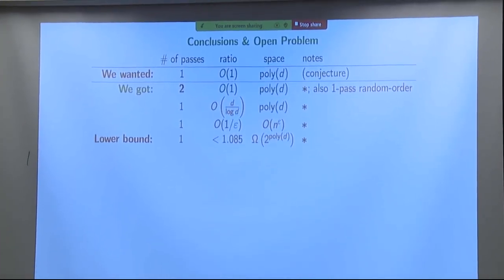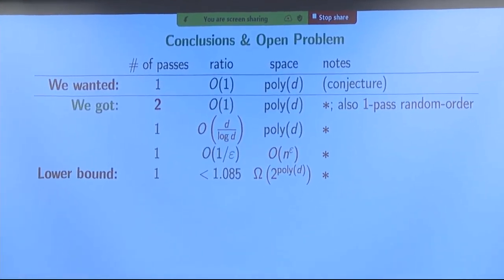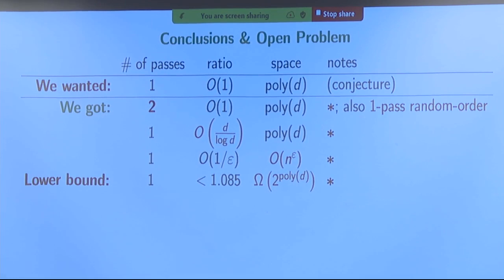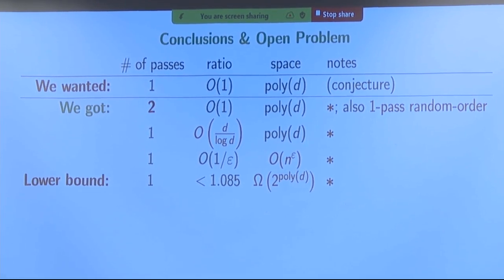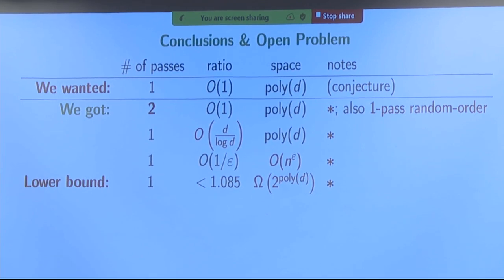I think it's a very nice open problem how to actually get what we wanted, and I would conjecture it's possible. With the lower bound, the way it's done, maybe you can increase the constant a bit, but basically you try to encode a hard instance, let's say a graph instance, into high-dimensional space.